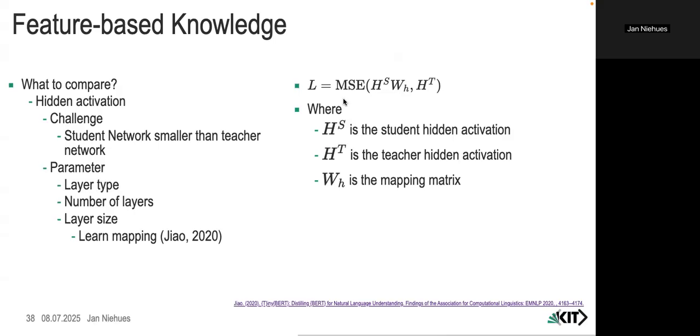So thereby, you're mainly minimizing how similar the two hidden representations are if I found a very good mapping between the student and the teacher network. Meaning, if this mapping exists and you're not putting any information in there, then all the information in here should be in there. So you'll not make it perfect, but you're trying to minimize the information loss and still have a very good quality.